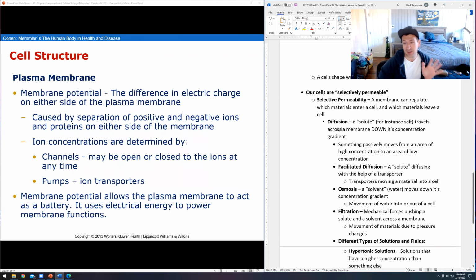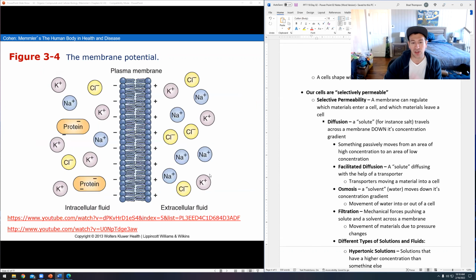One of the reasons why it's so cool is because it does allow certain materials in and certain materials out. One of the most important materials that it allows in and out are what are known as your electrolytes, okay? Electrolytes are, going back to our last lesson on chemistry, minerals: sodium, potassium, a little bit of chlorine, right?